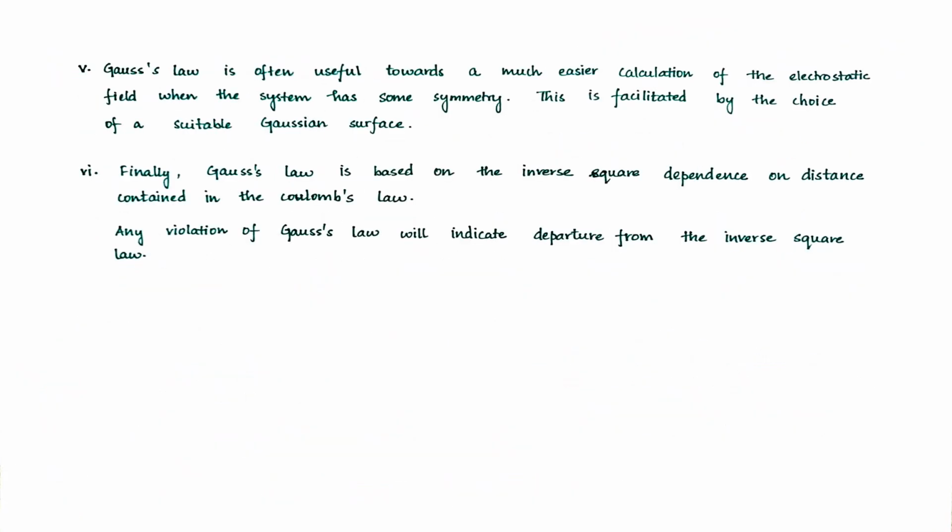Now, Gauss's law is often useful towards the much easier calculation of the electrostatic field when the system has some symmetry. This is facilitated by the choice of a suitable Gaussian surface. Like we will be reading the application of Gauss's law in the next class.